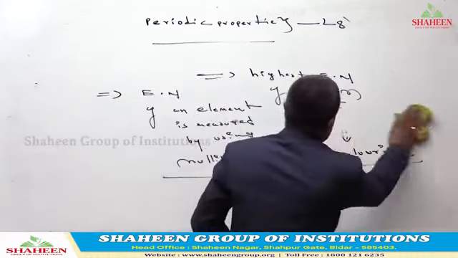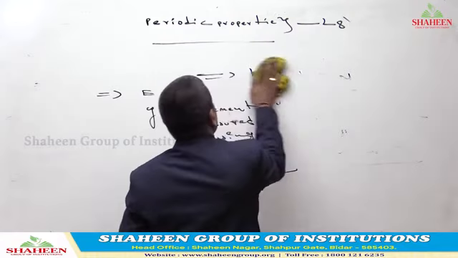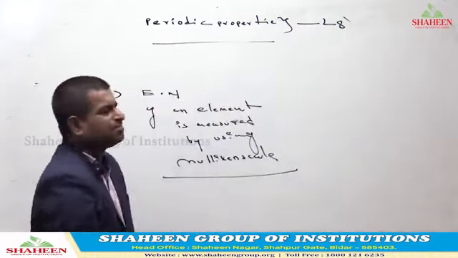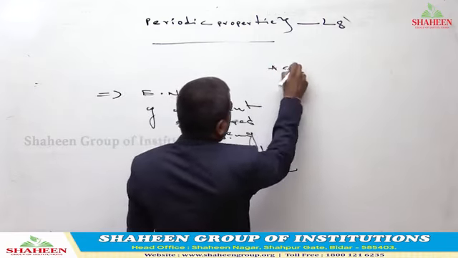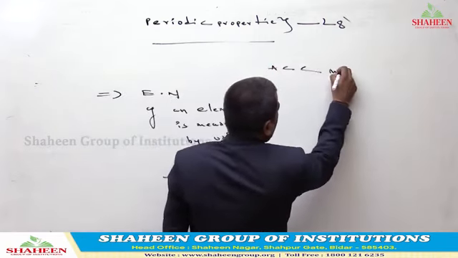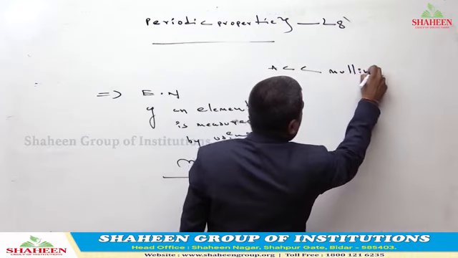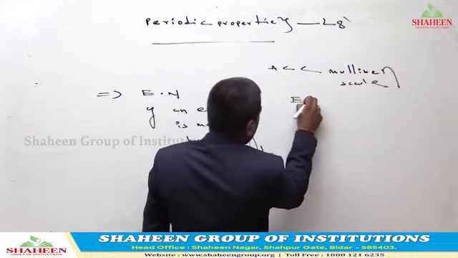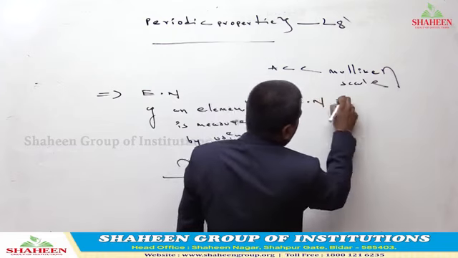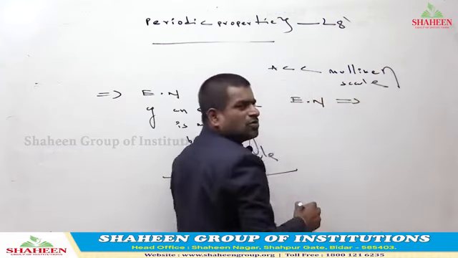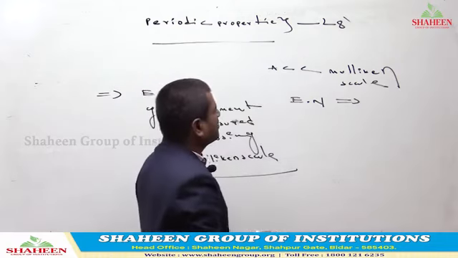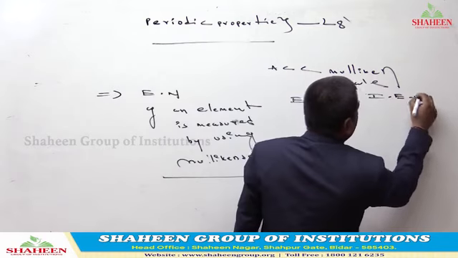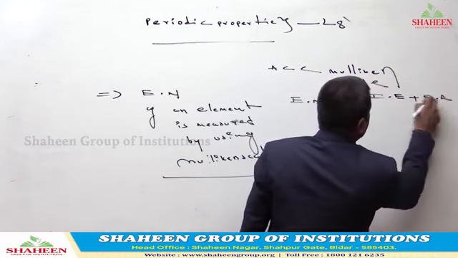See, according to the Mulliken scale, how to calculate the electronegativity of an atom? General concept given, general scale given here. According to the Mulliken scale, electronegativity of an atom is the average of ionization energy and electron affinity of an atom.